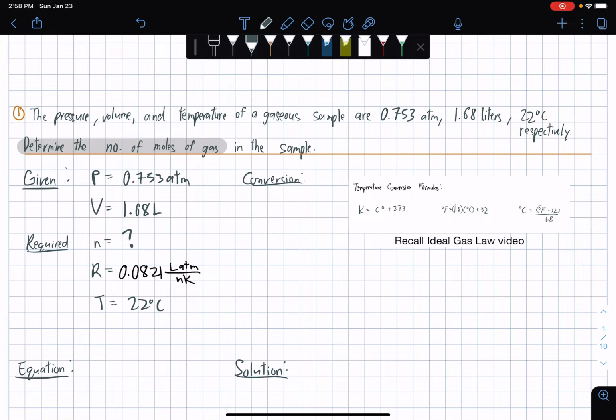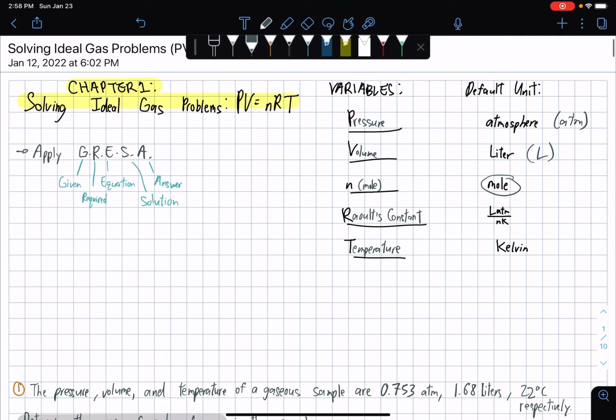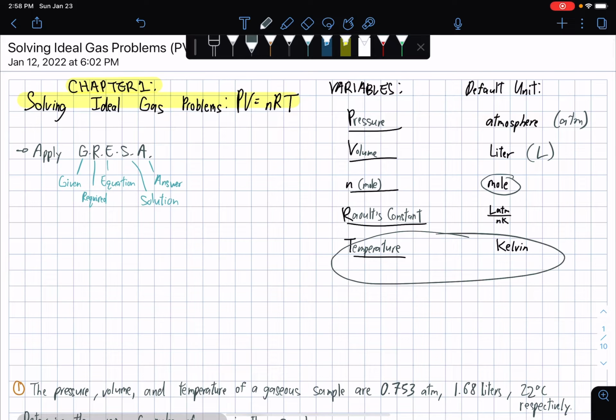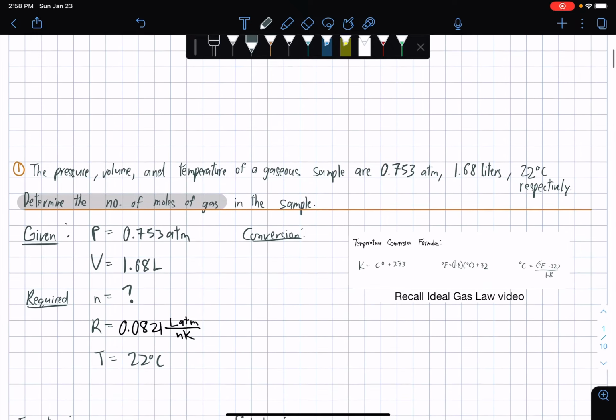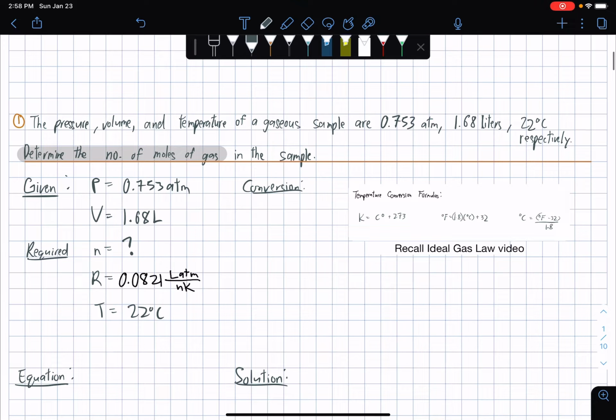Now, everything enlisted in the given has default units except temperature. As stated earlier, the default unit for temperature is Kelvin. Now, we have to convert Celsius to Kelvin. Also in the previous video, we've talked about the temperature conversion formulas, one of which is important right now.